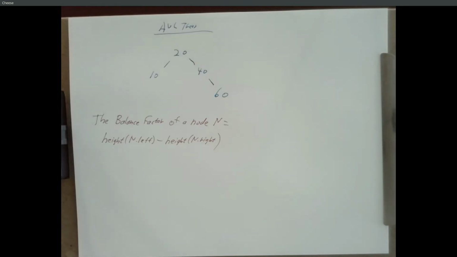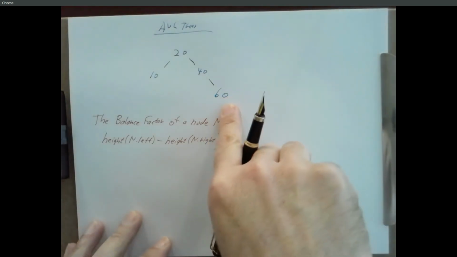Tree like that's going to have a height of 2, and so on. So we'll just keep those in the back of our brains. All right, so what's the balance factor of this node 60?